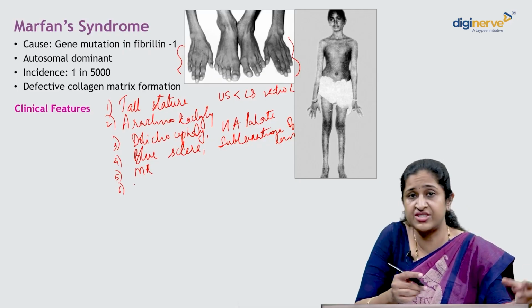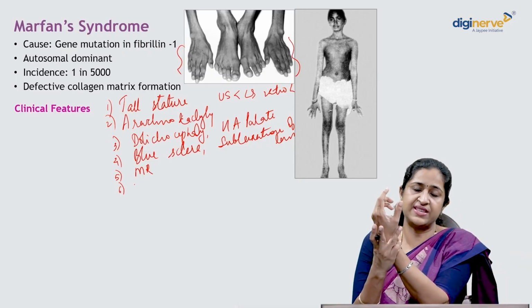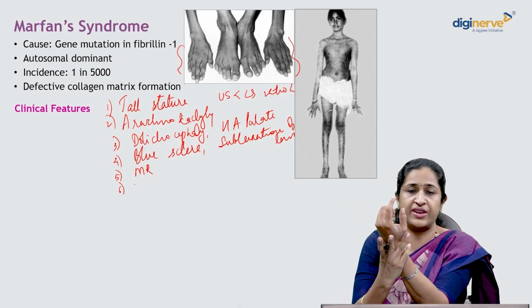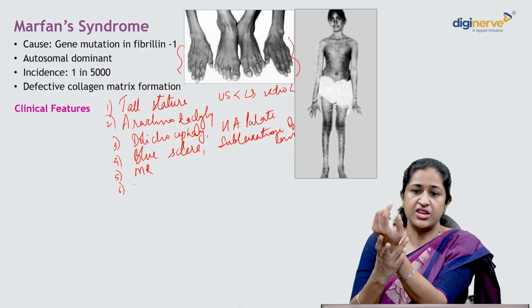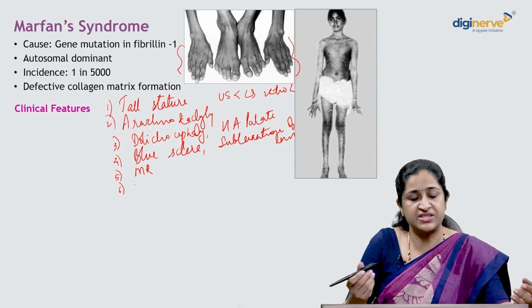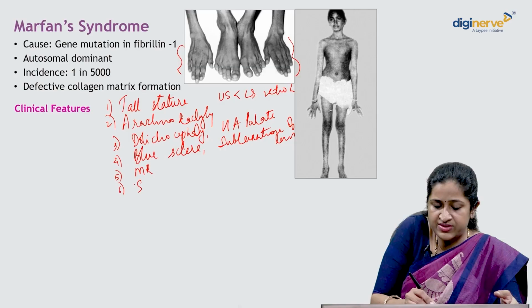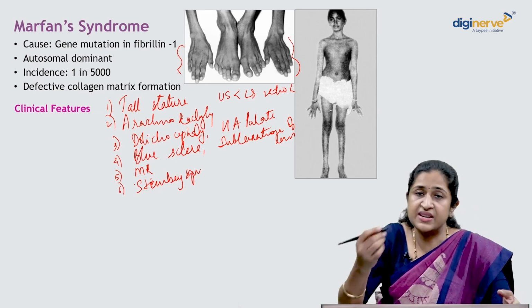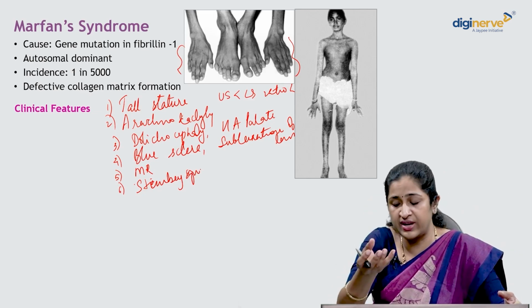You have the wrist sign or the Walker-Murdoch sign. The wrist sign is when you ask the child to approximate the thumb and the little finger over the wrist. You will find that the little finger overlaps the thumb. That's the wrist sign. You have Steinberg sign. Internally, you have aortic root dissection.